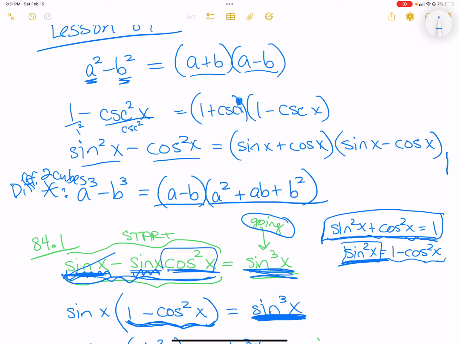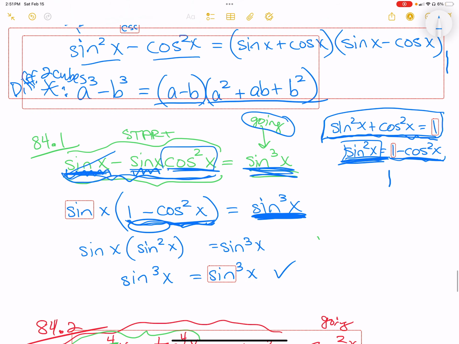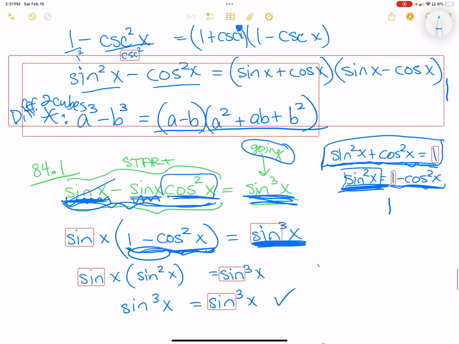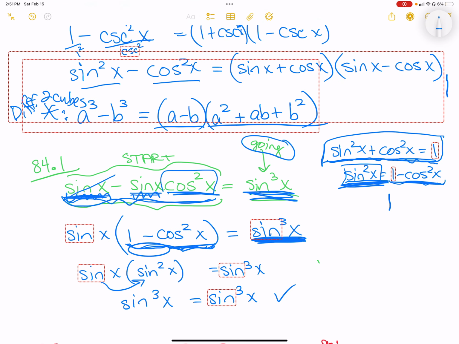So I can basically replace this whole expression with sine squared x. Those are the trig identities that they gave us in the other section that you have to kind of remember. So now I have sine x times sine squared x equals sine cubed x. Well, yep, those multiplied together give me sine cubed x. So now both sides match. So I'm done.